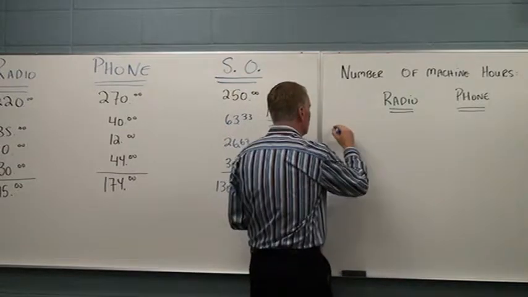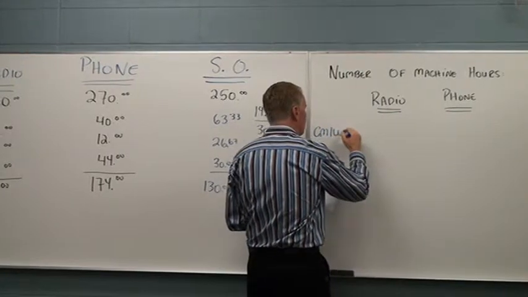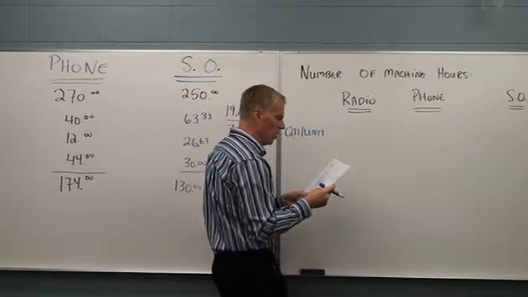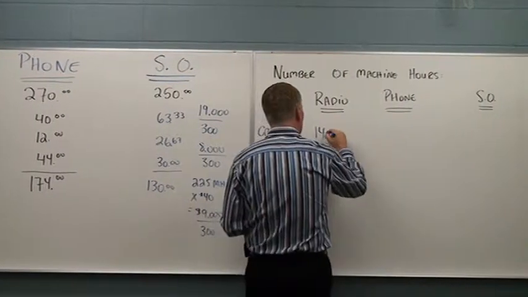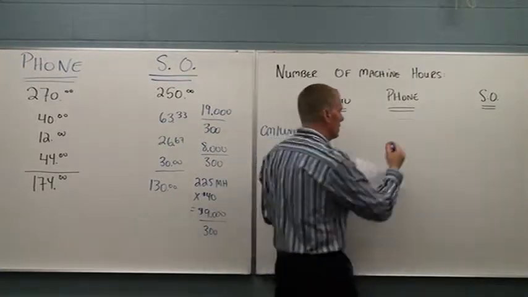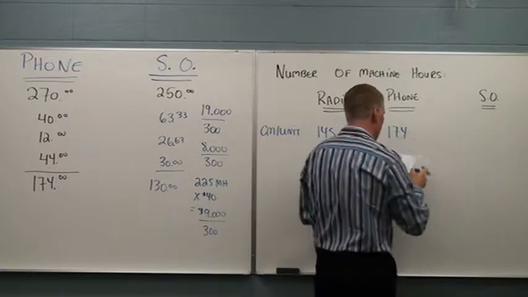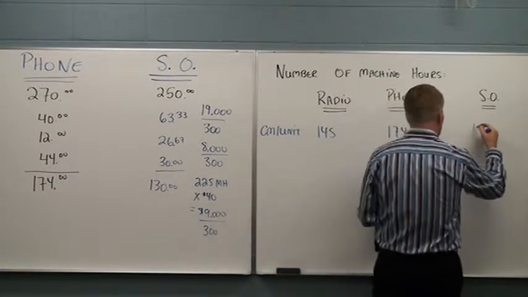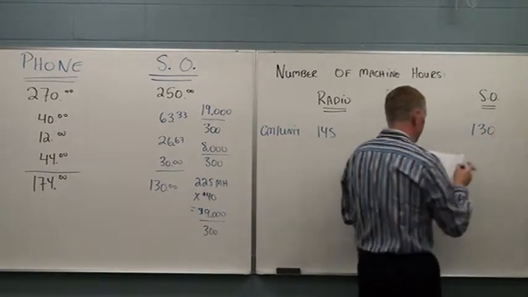So our contribution margin per unit for the radio was 145. For the phone, it's 174. And for our special order, it's 130.